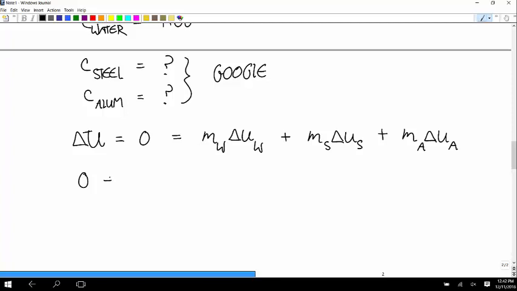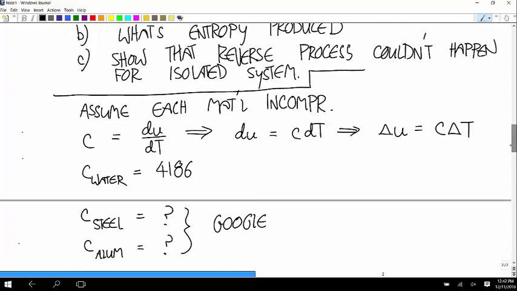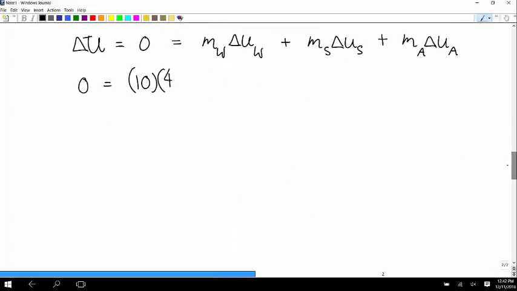And so zero is equal to, the water is a mass of 10 kilograms, multiplied by, now I'm going to substitute in this expression for the change in specific internal energy, so 10 times 4186 times the final temperature, I'll just call it T, that's going to be our equilibrium temperature, minus the initial, which was 5 for the water.